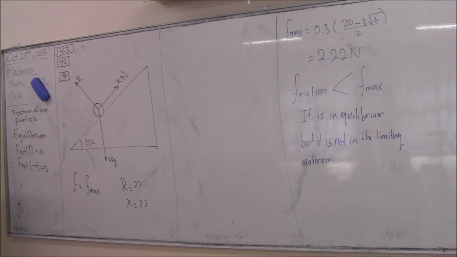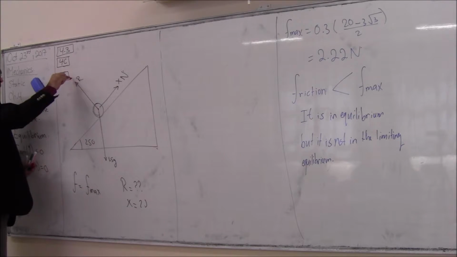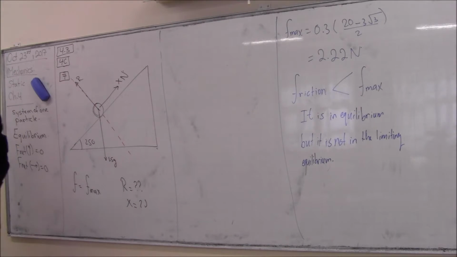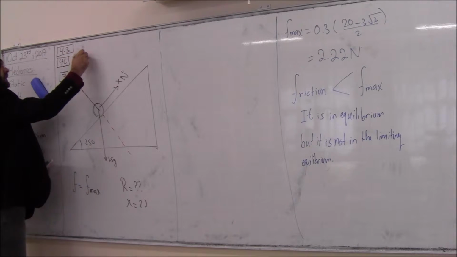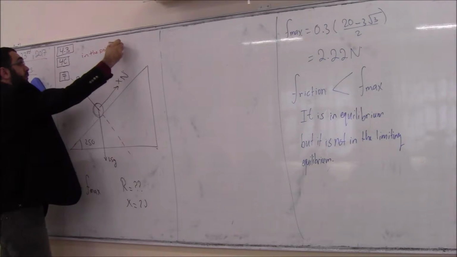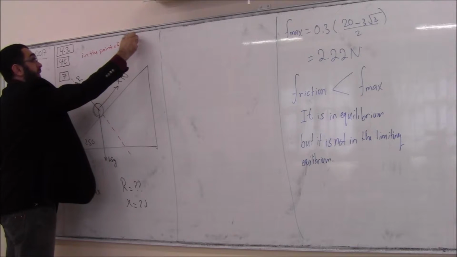Okay. Now, we have friction, and then we will see where is the direction of friction. Is it mentioned in the point of moving up the plane or down the plane? It's at the point of moving up.